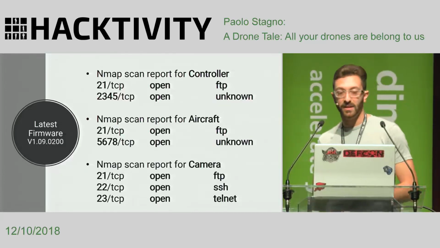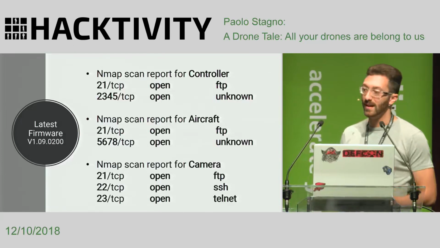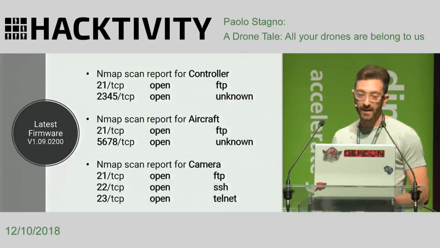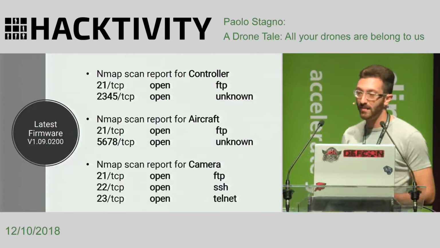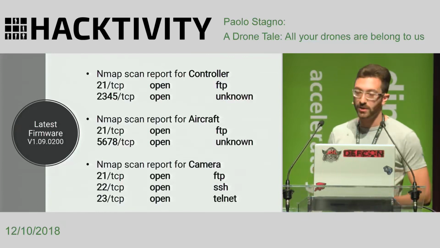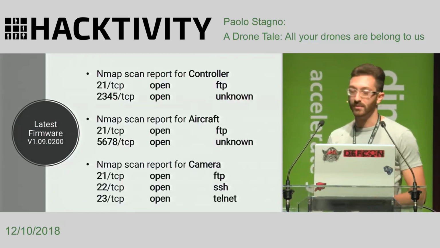And this hardening was due to counter an illegal mod market that basically allowed people to change, for example, the maximum altitude of the drone, or remove some limitations like the no-fly zone.